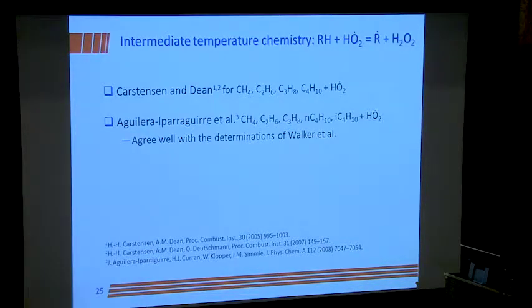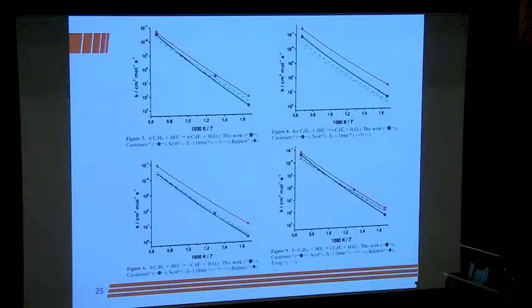And then we used density functional methods to compare with the high-level coupled cluster calculations to see which one came closest. And we used that to calculate rate constants for abstraction from ethane, propane, butane, and isobutane, okay? And these agree well with the determinations.